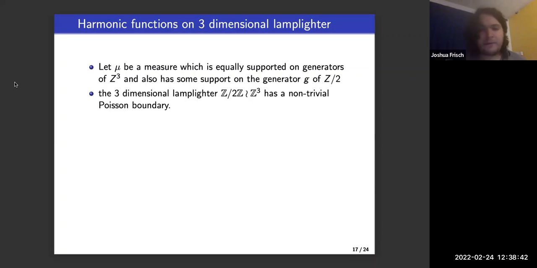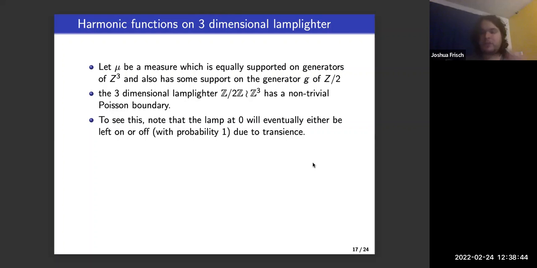And here's why. Let's just look at the lamp at the origin. Our bird's flying around, turning on, turning off lamps. But if we just look at where our bird is on Z cubed, they're just doing a regular random walk on Z cubed, going in each of the 6 cardinal directions with some probability.